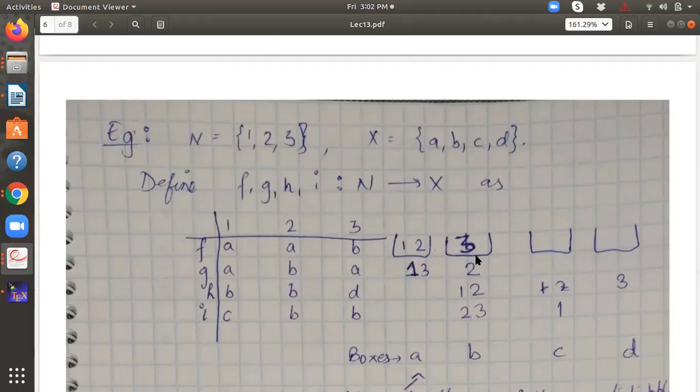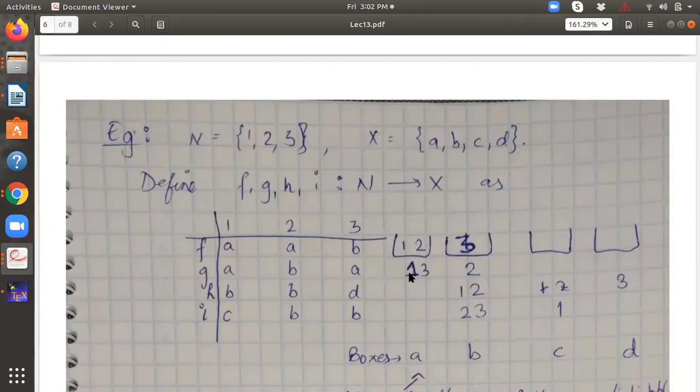Now, if I had to forget the names written on my balls, then all I would be counting is that the box A has 2 balls, box B has 2 balls. So this and this will look same then, right?